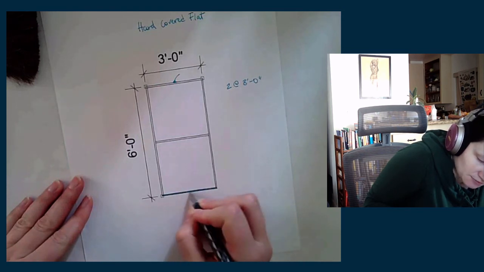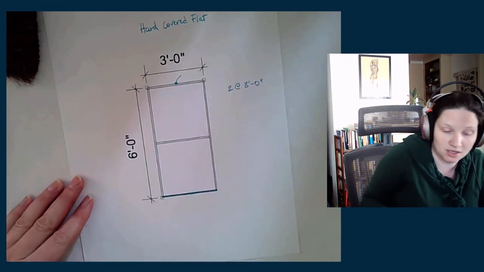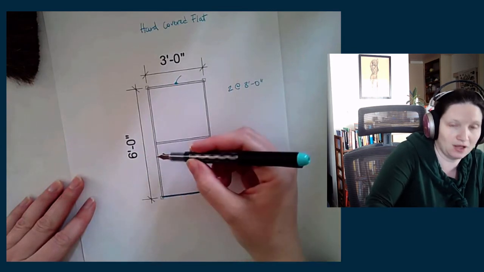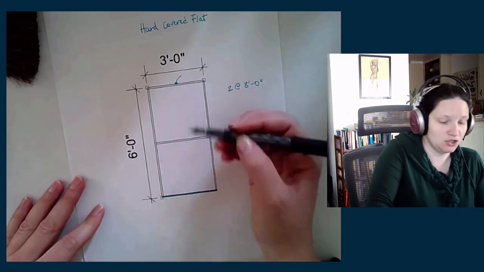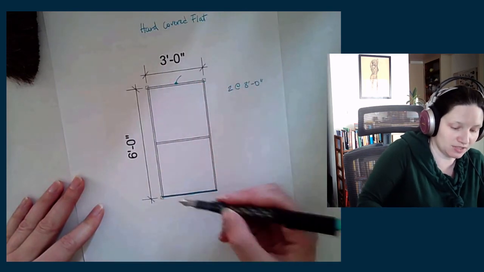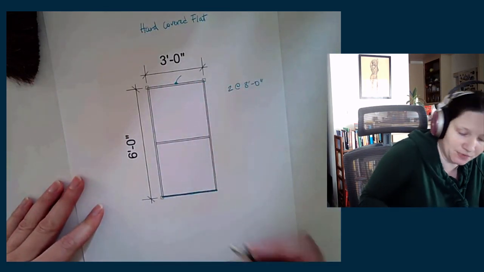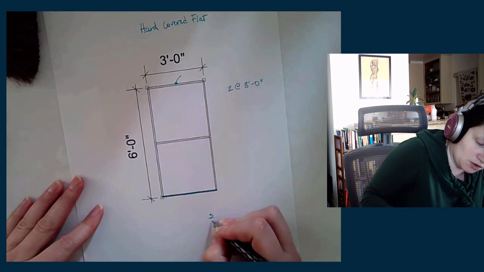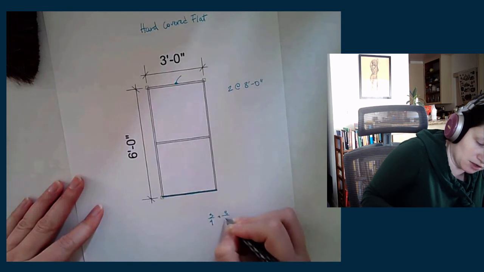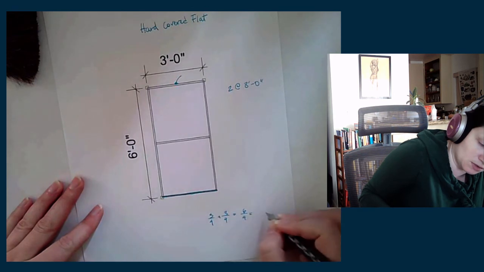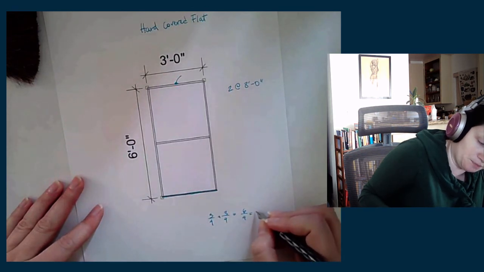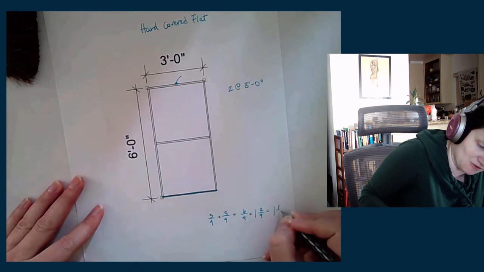So instead of that 2.5 dimension to subtract from the total height, we're going to subtract that 3/4 inch. So we would take 3/4 inch off the top, 3/4 inch off the bottom. 3/4 plus 3/4 equals 6/4 equals 1 and 2/4 equals 1.5.